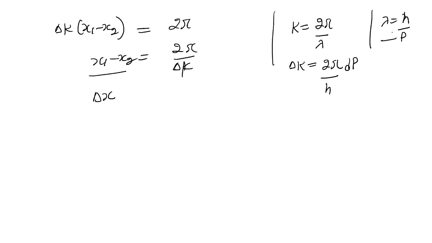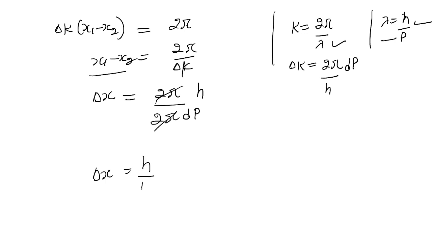Placing this value, we get 2π over (2π dp/h). By cancelling 2π, Δx is equal to h over Δp. This is the expression that we get.